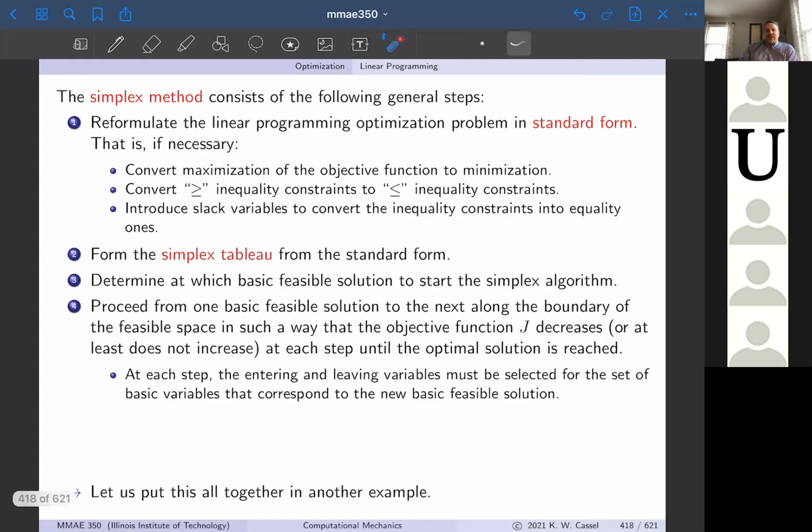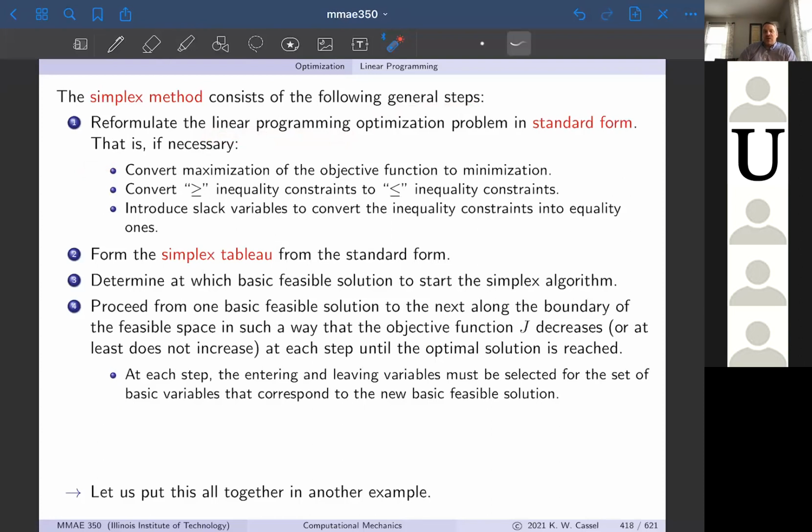All right, some comments. So these are the general steps. I've mentioned these before, but I want to put them all in one place so you can see them all together. So we start out with our linear programming problem, the optimization problem as it's formulated in the word problem. We write it down, and then we need to convert it to its standard form. The things that put it in its standard form are, first, you need to be sure that the objective function is truly a minimization problem and not a maximization problem.